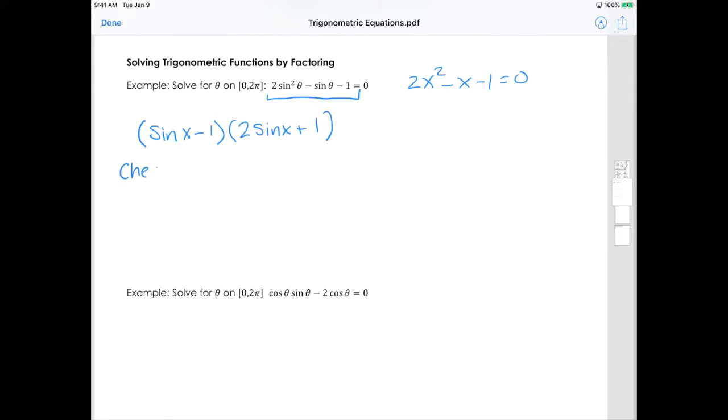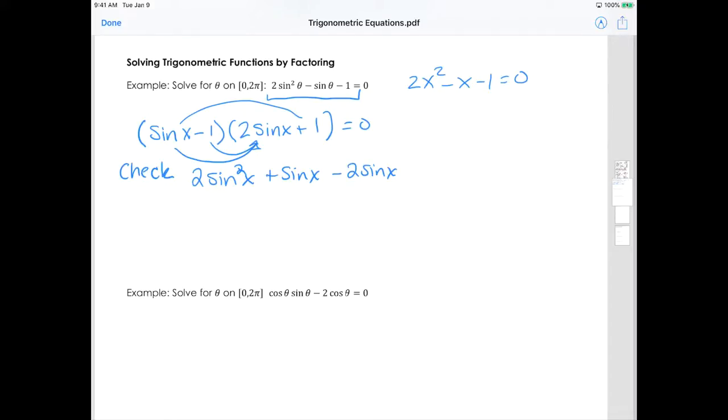Let's do that real quick and I'll just erase it then, so we have room to do the rest of this. So if I take sine x times 2 sine x, that gives me 2 sine squared x. And then sine x times plus 1 gives me a plus sine x. And then I get negative 1 times 2 sine x is a minus 2 sine x.